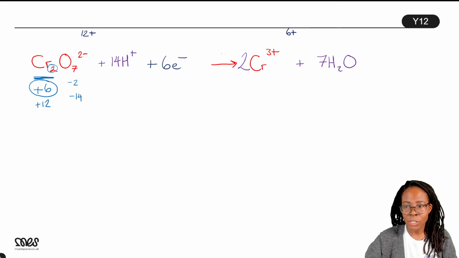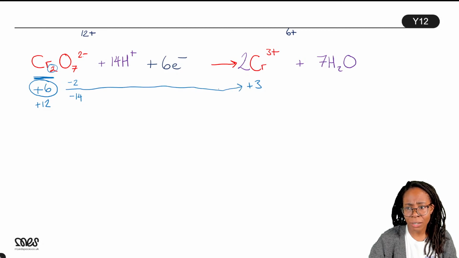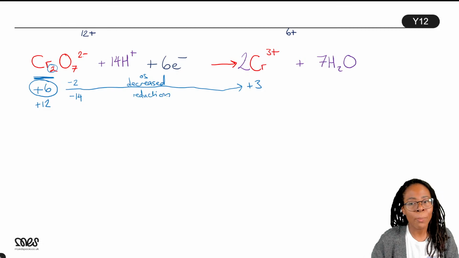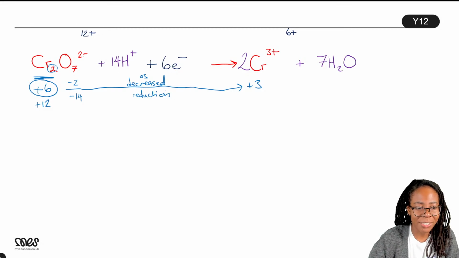So we're going from +6 to +3. Our oxidation state has decreased, which means this must be reduction. And we can also see that because we've gained electrons.